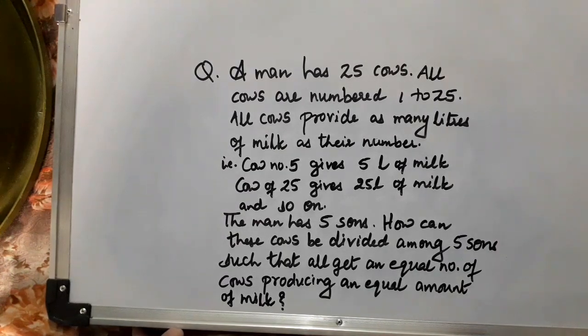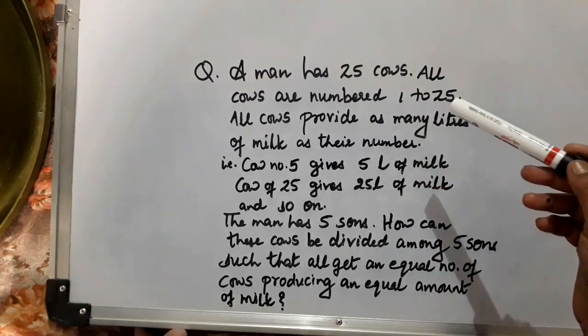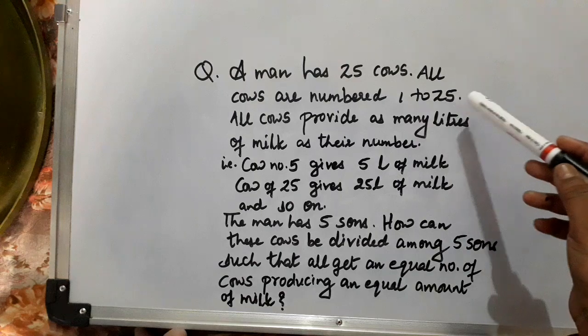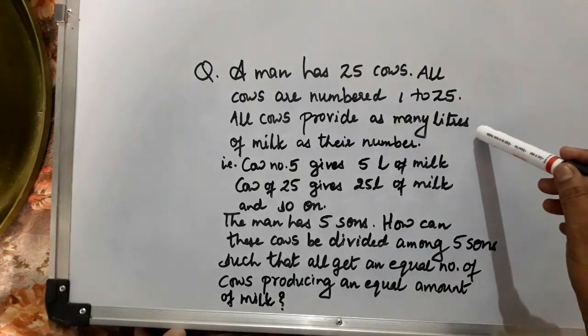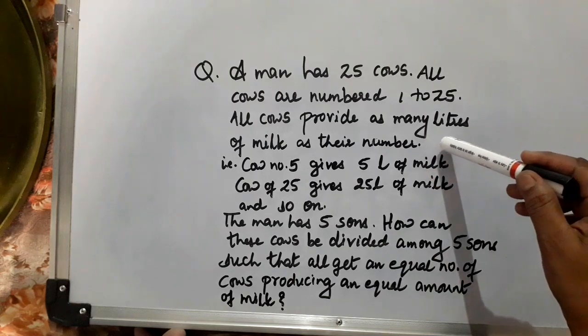You may come across this type of question. Let us see what the question is. A man has 25 cows. All cows are numbered 1 to 25. All cows provide as many liters of milk as their number.